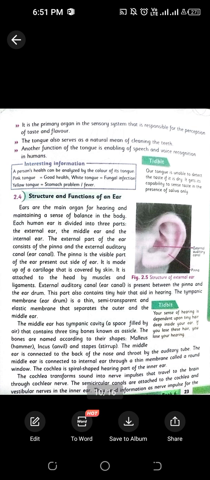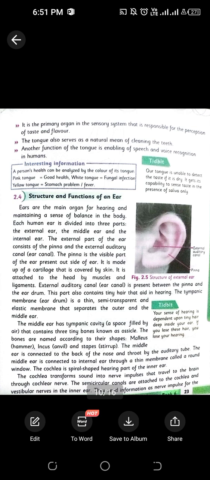The cochlea is a spiral shaped hearing part of the inner ear. Cochlea transforms sounds into nerve impulses that travel to the brain through the cochlear nerve. The semicircular canals are attached to the cochlea and vestibular nerves in the ear.